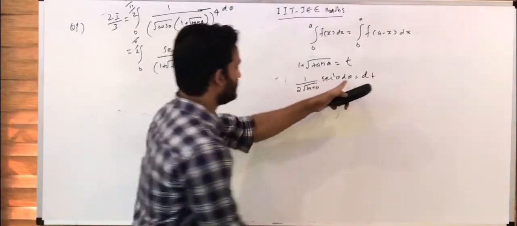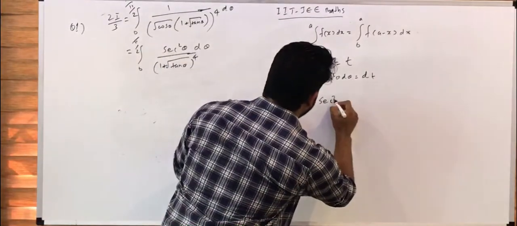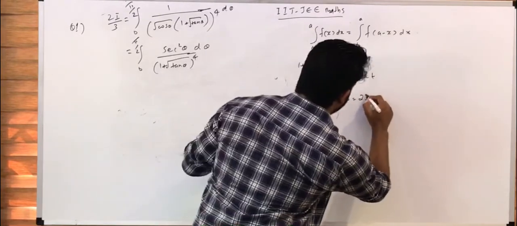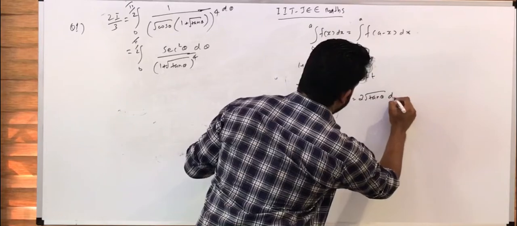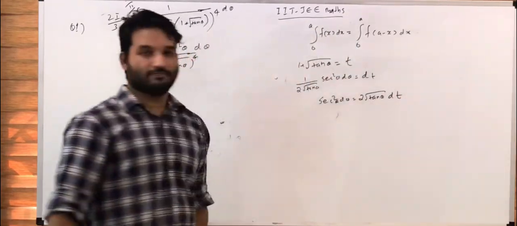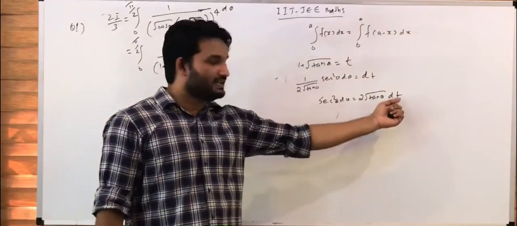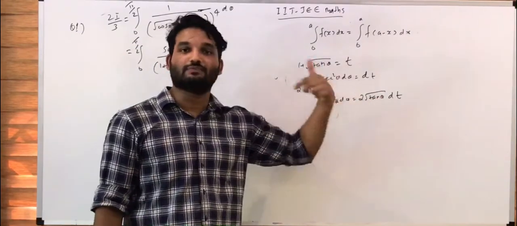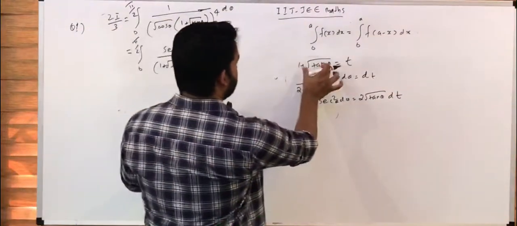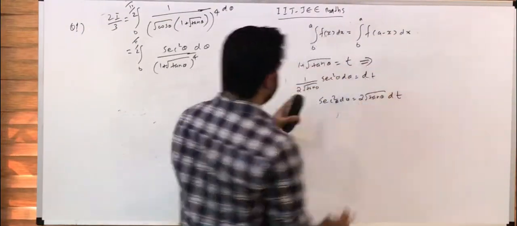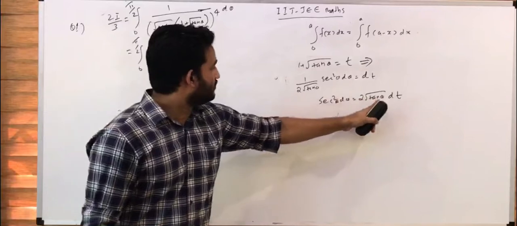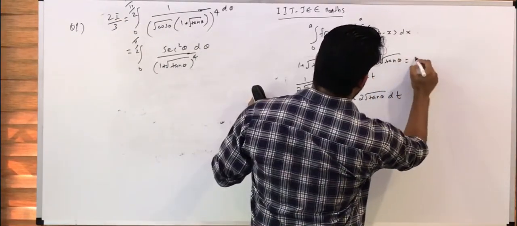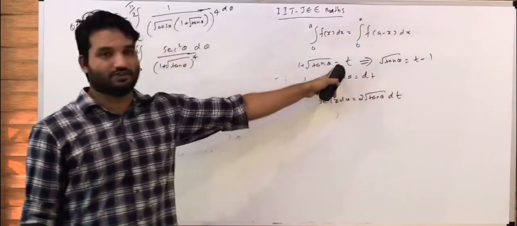So what is sec square theta d theta? If I keep it on the left hand side, it will become 2 root tan theta dt. But the variable is in t, so we need to convert this tan theta in terms of t. So from here, what is root tan theta? Root tan theta equal to t minus 1 from this equation.